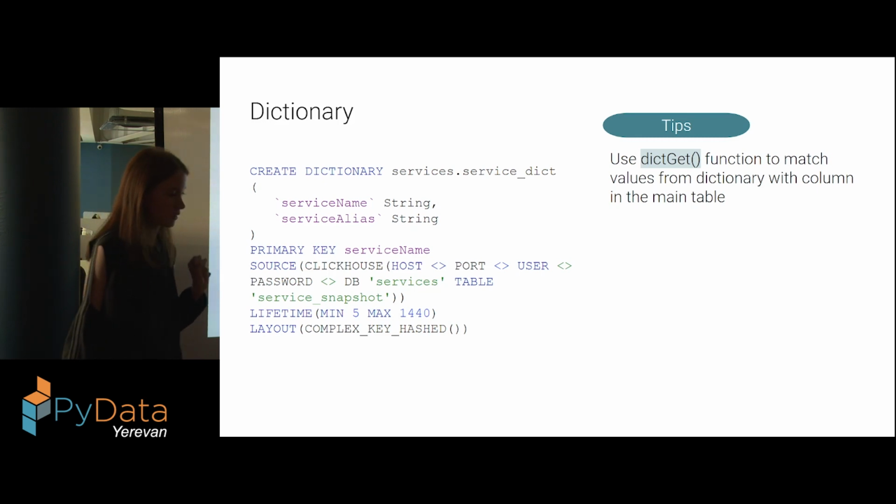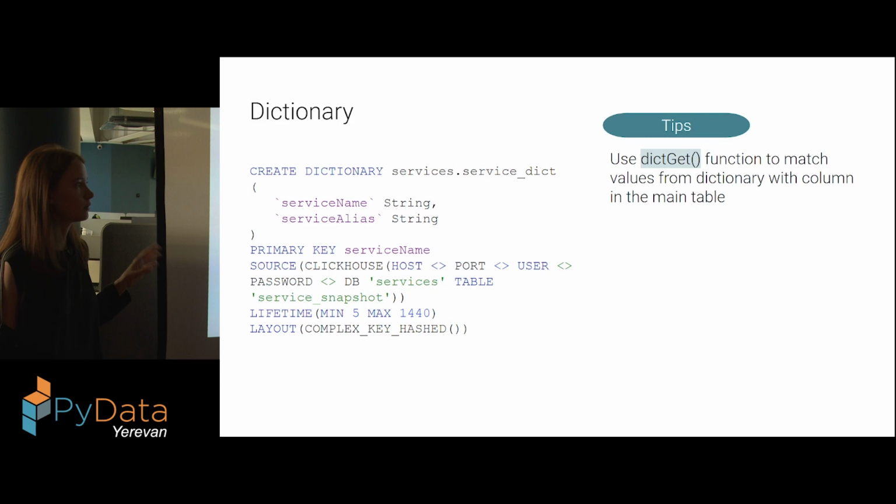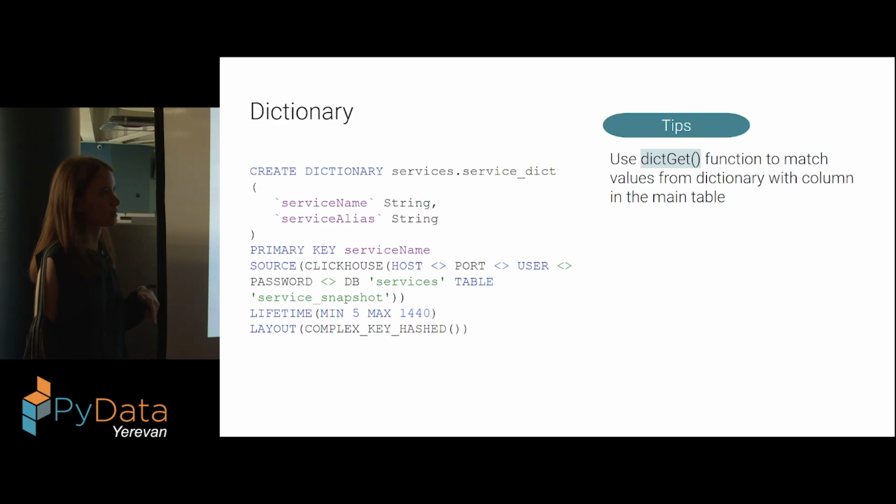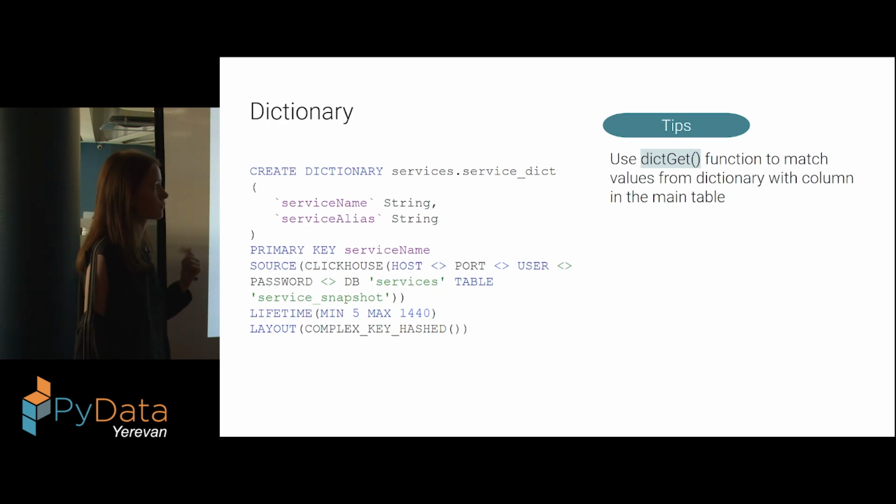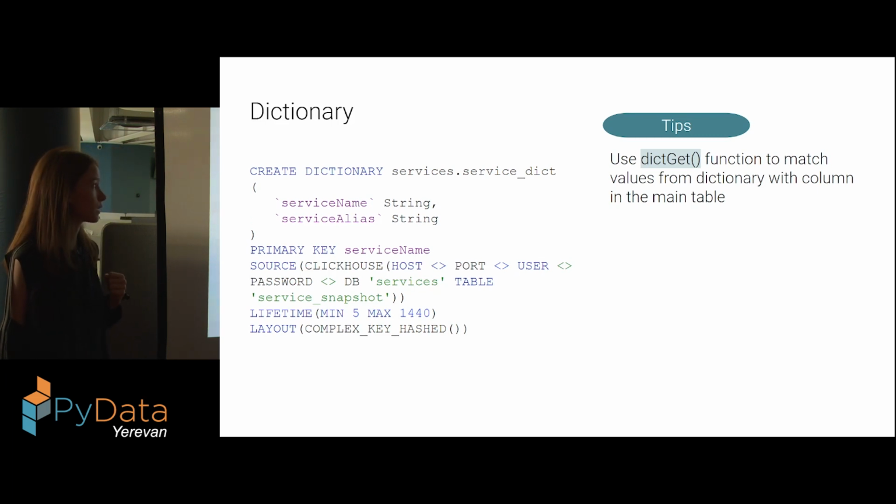So, for example, you have a wide table with a lot of events, and you write for each event a city where this event was held, and it can be a problem if you store a lot of strings like city names. To avoid that, you can write IDs for your cities, like 1 for Moscow, 2 for St. Petersburg if you live here. And also you can use dictGet functions to map your IDs to the strings with names of the cities.